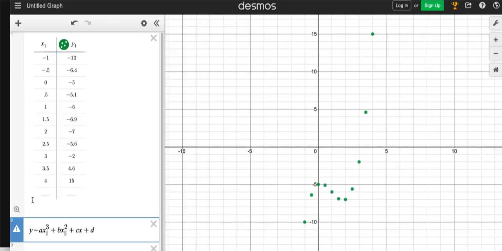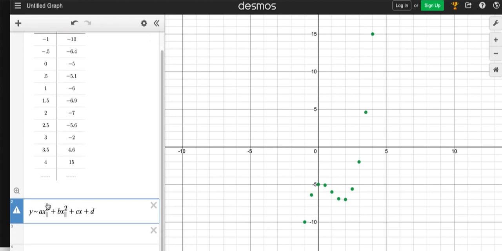So after I plotted those things in, I'm over here at Desmos, and you can see that we get this shape, and you can see that it looks really like a polynomial that's a cubic. So what I'm doing here is I put in this generic cubic equation, except instead of using an equal sign, I use a tilde, which is right by the number 1 on most keyboards.